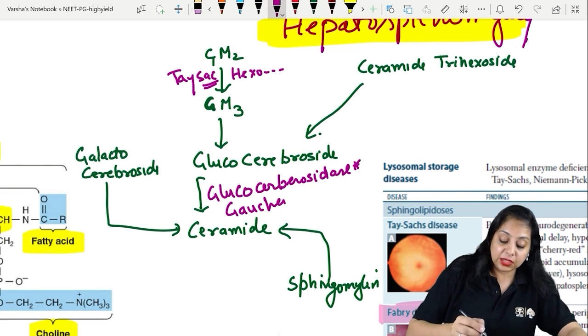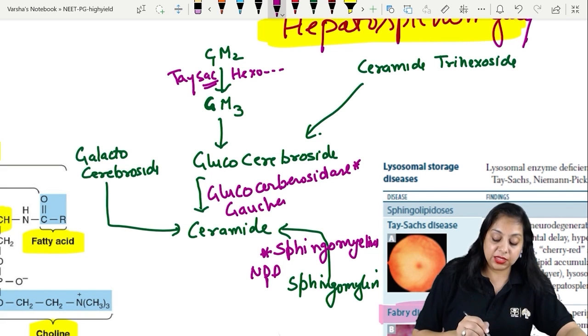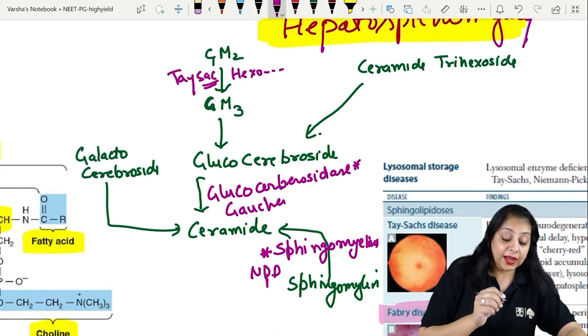Sphingomyelin to ceramide is sphingomyelinase. Deficiency of this will lead to Niemann-Pick disease, which we have just seen.